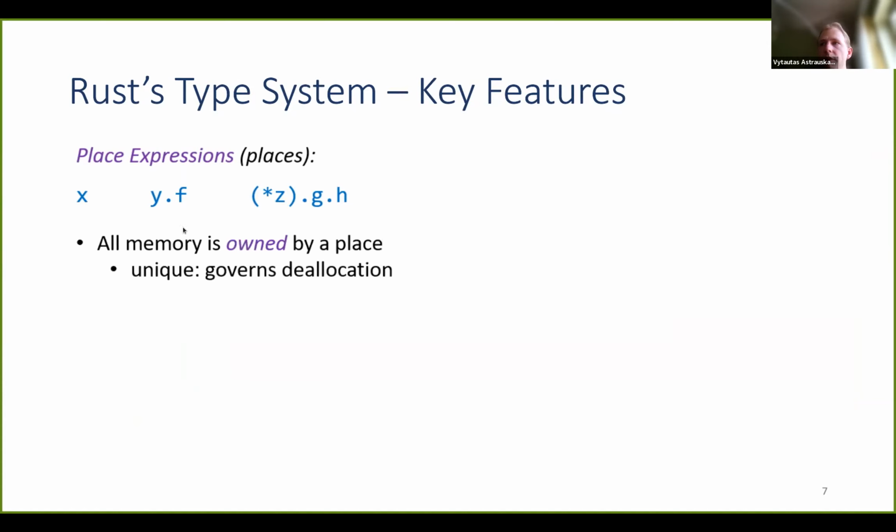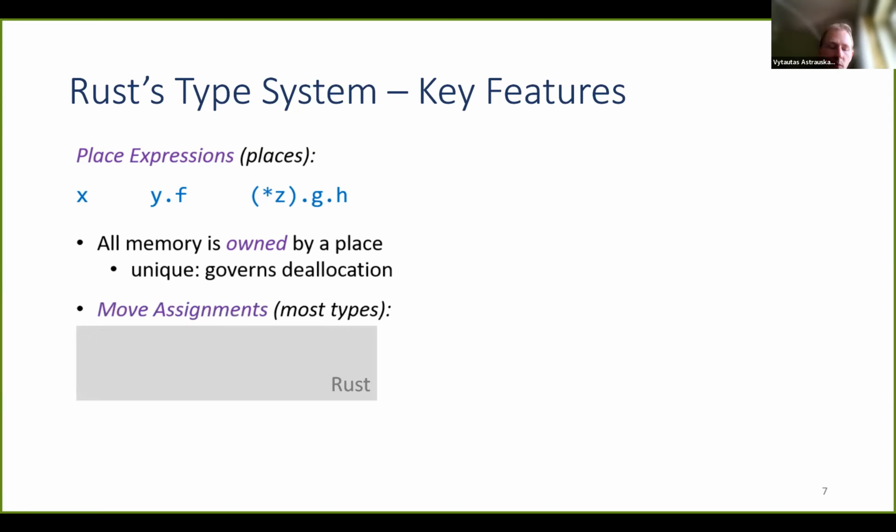The important thing is that a place owns a memory location. So if I have x, I know that it owns a memory location behind it, and this is what the Rust compiler uses to make sure that it can deallocate things and so on.